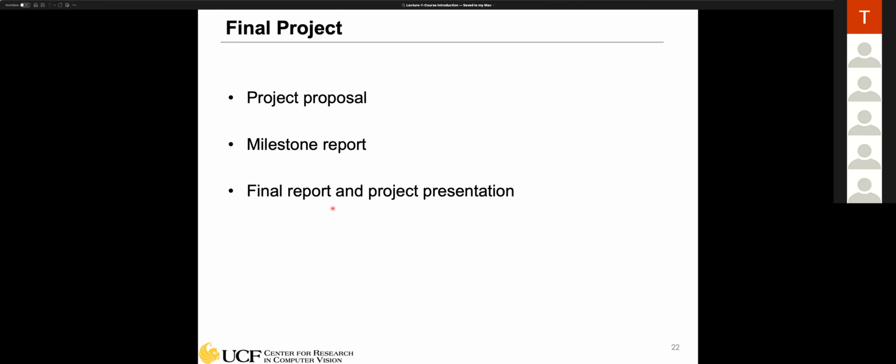This is the ideal case. I want something to come out of this project, not just you practicing something and then leaving it there, but hopefully something novel, eventually resulting in a publication.